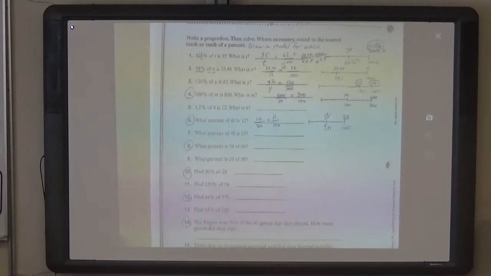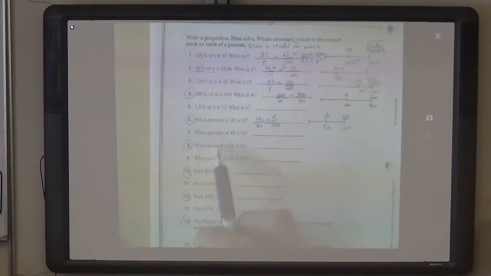Could you write down the notes? Okay, so based on your notes, we're using that percent proportion from your notes. As you're reading number 8, for example, it says what percent, that's the percent number from the proportion, is 54 out of 60.